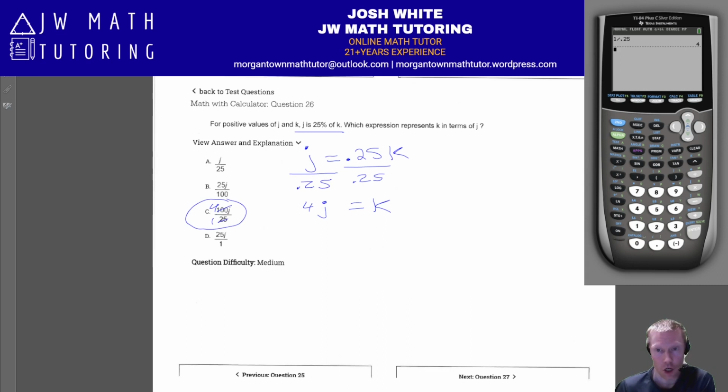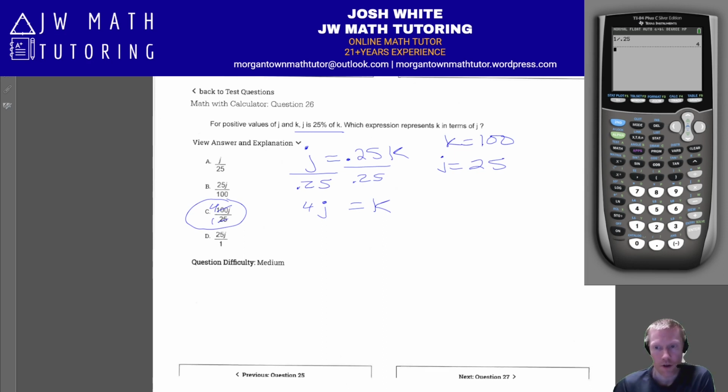Now, an alternate way to think about this is to use the strategy of picking numbers. So I'm going to let K be 100. Then J, which would be 25% of that, would be the number 25, and I got that just by doing 0.25 times 100.